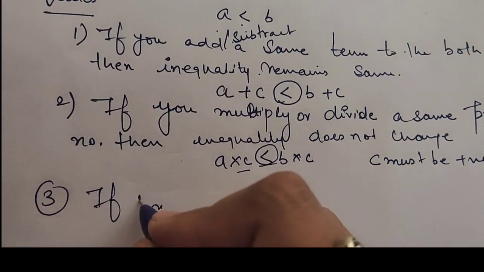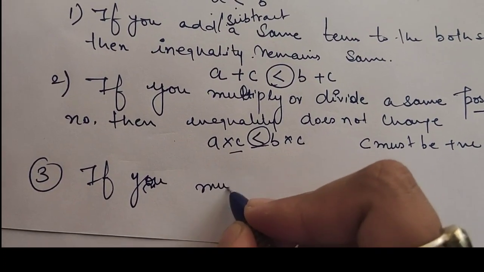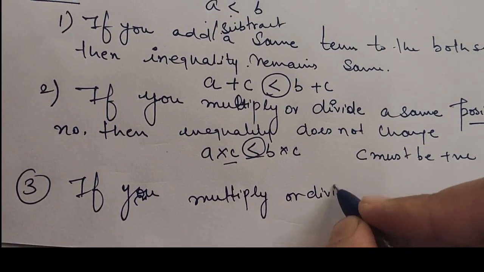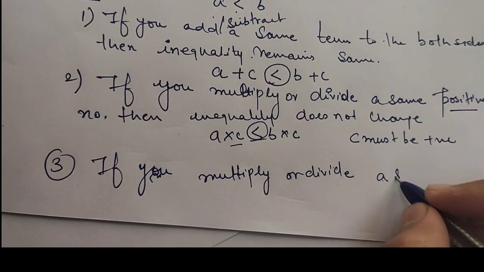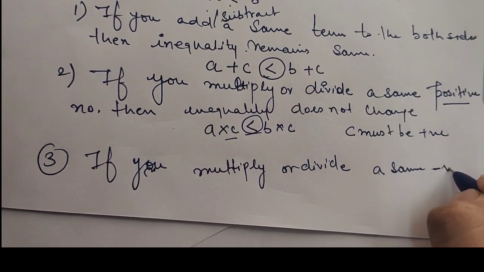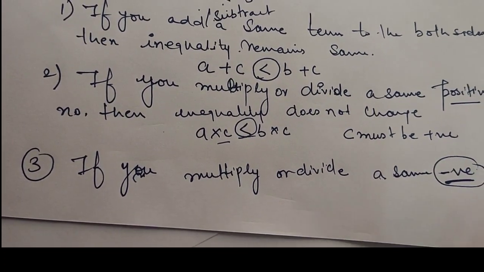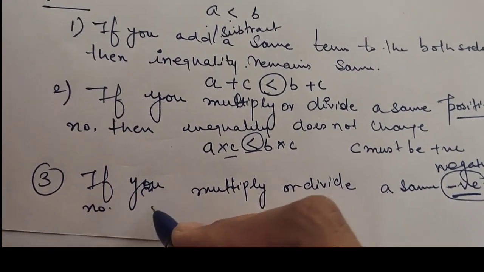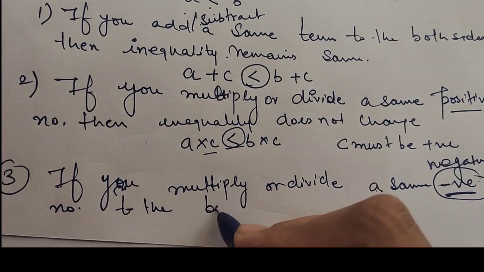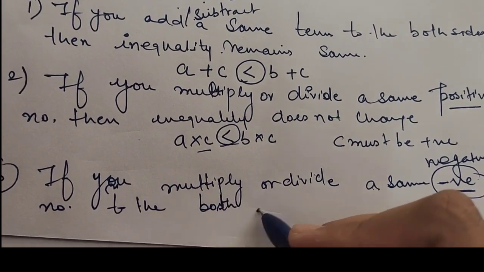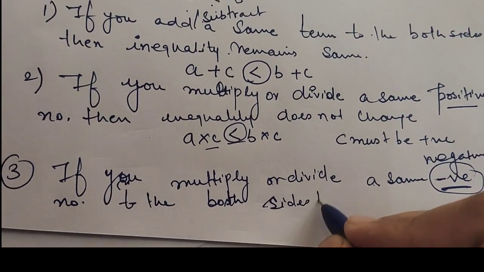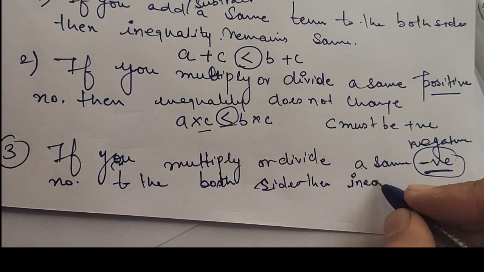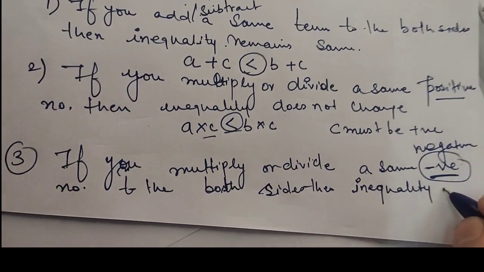Again, the third one is very important. If you multiply or divide by the same negative number, here you have to focus, it's a negative number, to both sides, then the inequality changes.